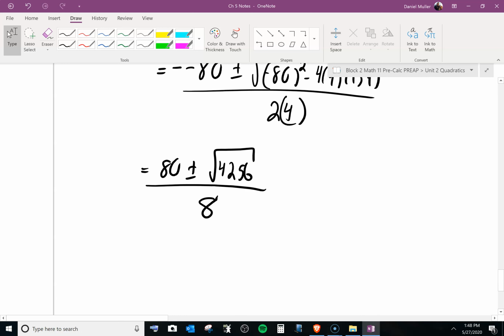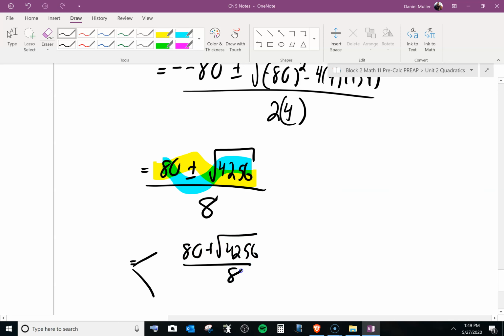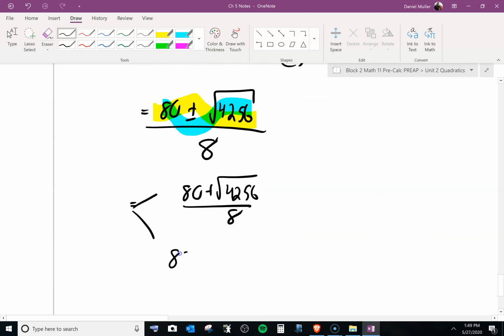It's not something that we can actually do by hand. So I'm going to do 80 plus and then 80 minus. There are two options: 80 plus the square root of 4256 all over 8, and 80 minus the square root of 4256 all over 8.